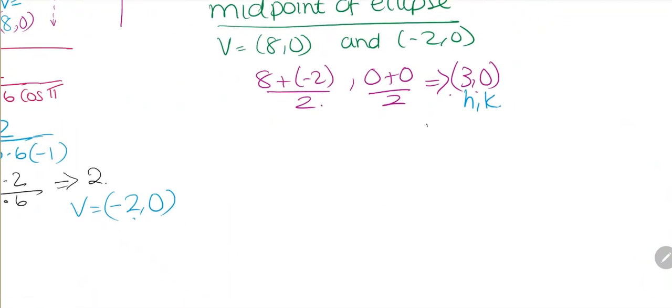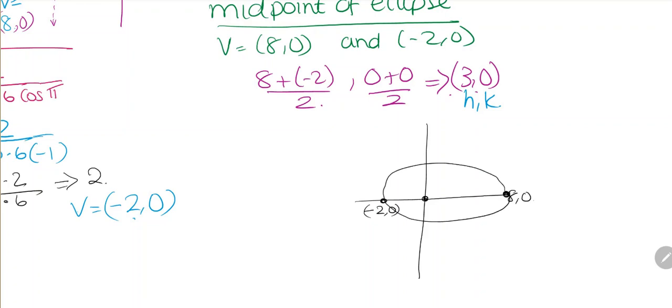So we've got our ellipse. One vertex is at 8, 0, and the second vertex is at minus 2, 0. We've just found that the center, h, k, is at 3, 0.